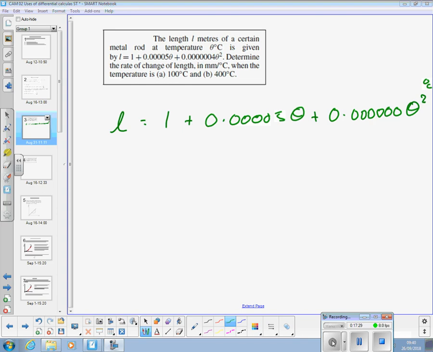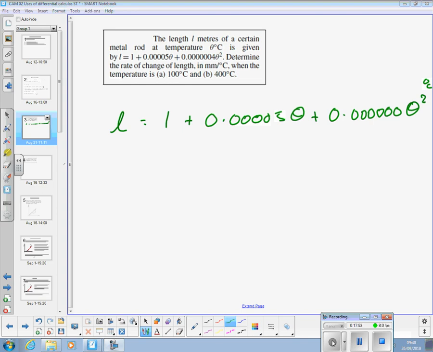You'll drop marks if you don't include the units when they are relevant. It says determine the rate of change of length in millimeters per degree C when the temperature is A, 100 degrees C, and B, 400 degrees C.